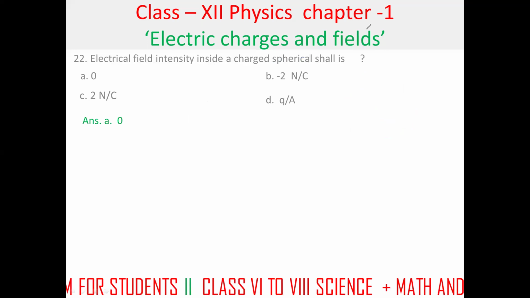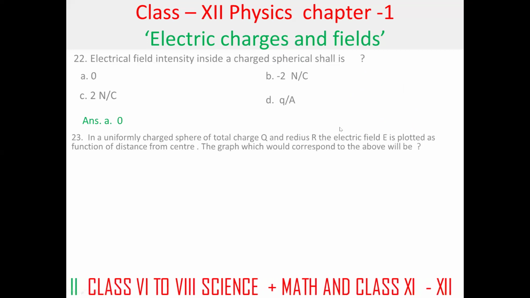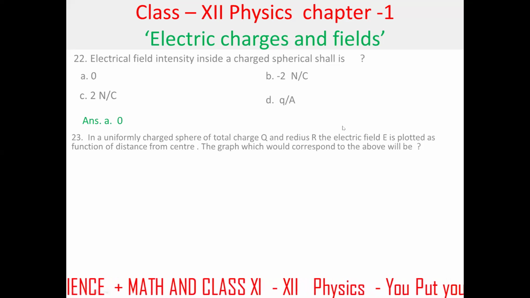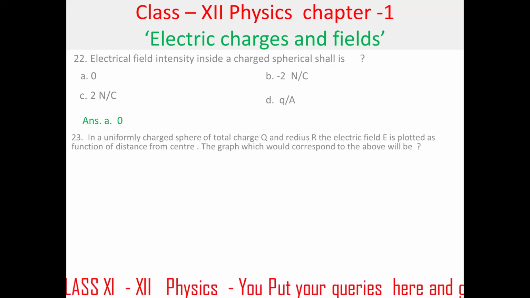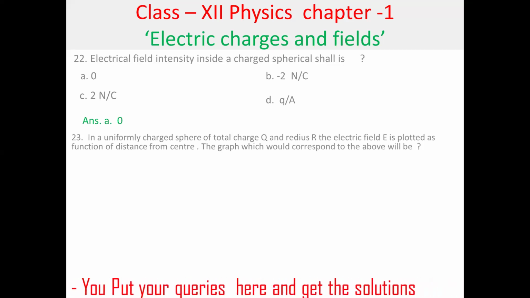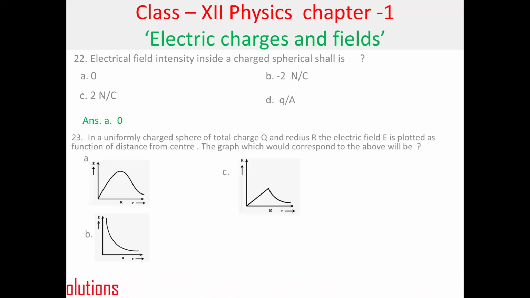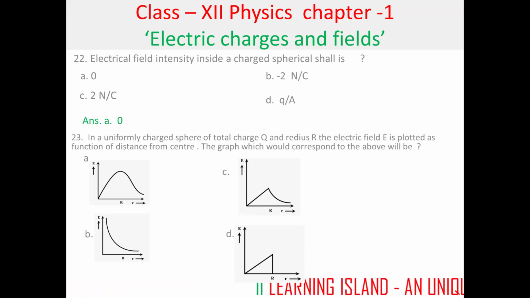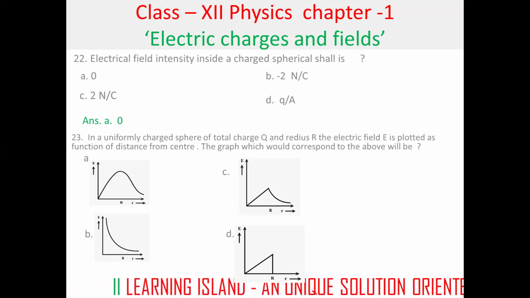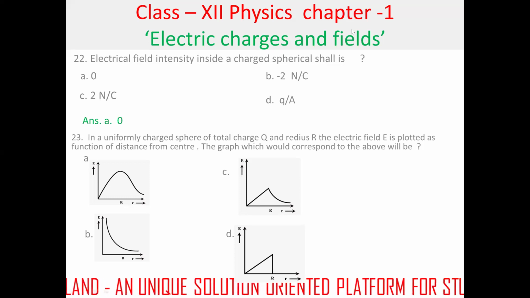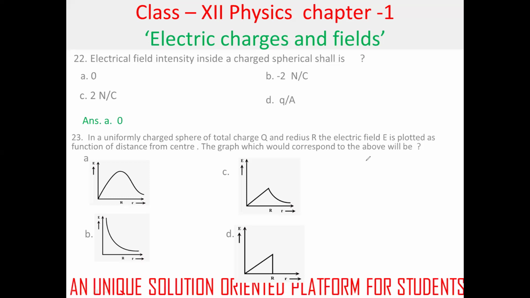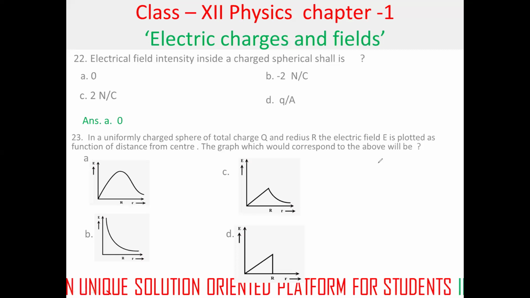Now come for the next question. In a uniformly charged sphere of total charge Q and radius R, the electric field E is plotted as a function of distance from the center. These are the curves. Which graph is correct? For your understanding, I am drawing here a uniformly charged sphere.